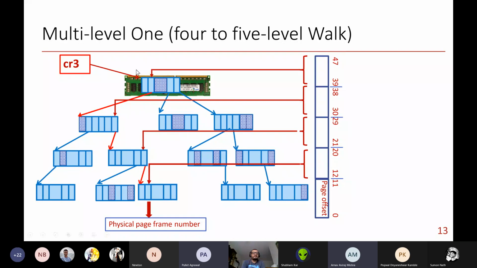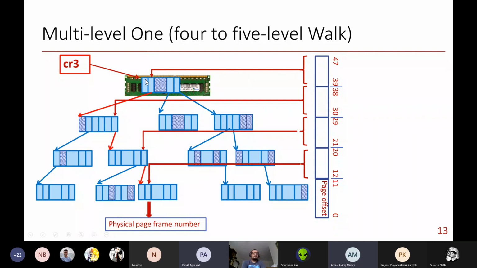Once it finds the root of the first level, it extracts bits from the virtual address. Let's say my virtual address is 48 bits, and at each level I have stored 512 entries, right? So all the chunks are divided into 9-bit chunks.